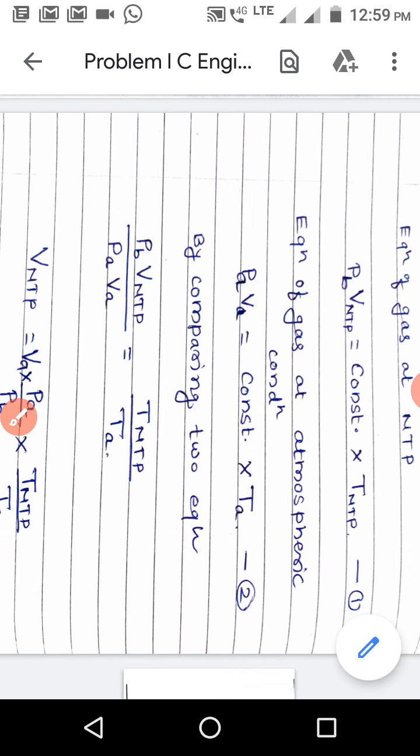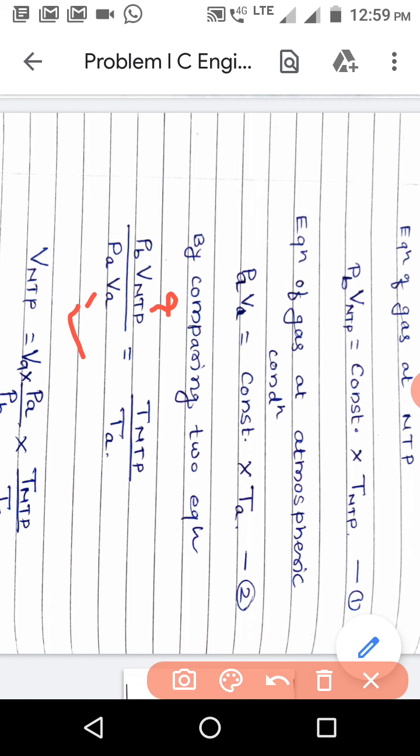We are dividing equation 1 by equation 2. So we get PB into V NTP divided by PA into VA is equal to temperature at NTP divided by temperature at ambient. From here VA is given, and we have to find the volume of fuel at normal temperature pressure.